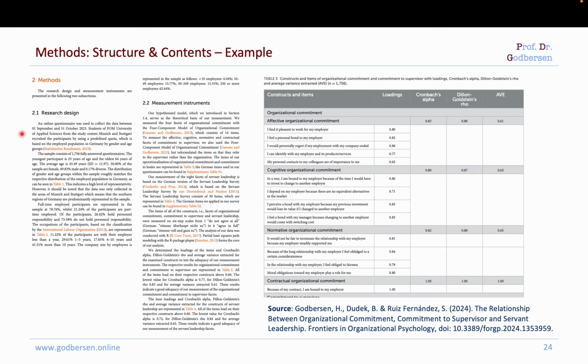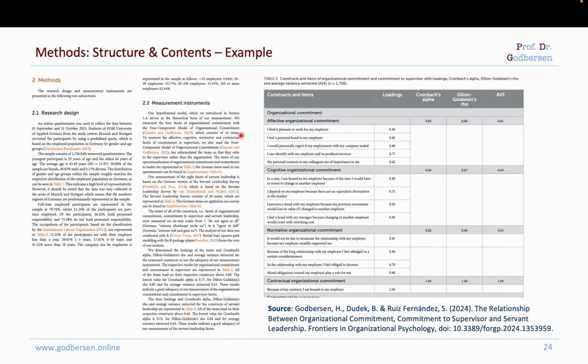Under research design, my co-authors and I said we used an online questionnaire, collected the data in September and October 2023, and we elaborated on how we recruited the participants. Then we described the sample by age, gender, and other context variables.